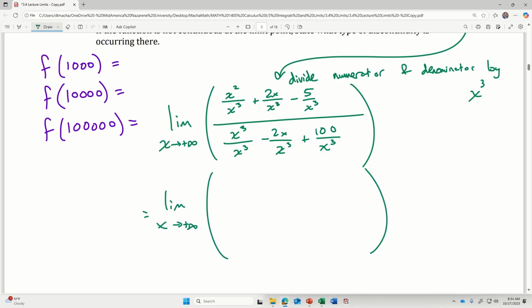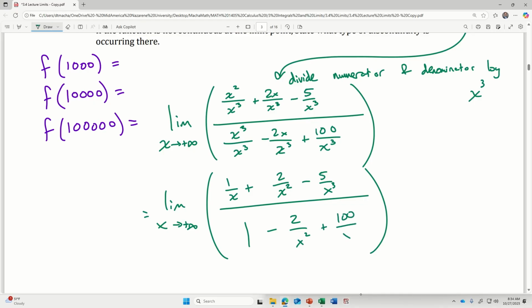We can simplify this because x squared over x cubed is 1 over x. This is 2 times 1 over x squared, or I guess I could have just written 2 divided by x squared. That's fine. And then this is minus 5 over x cubed. The denominator is 1 minus 2 over x squared plus 100 over x cubed.